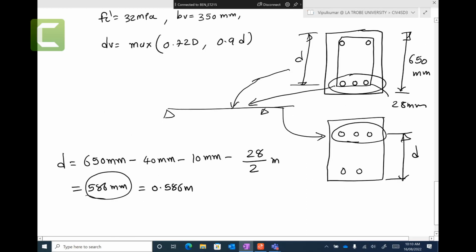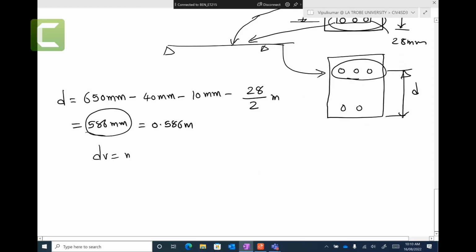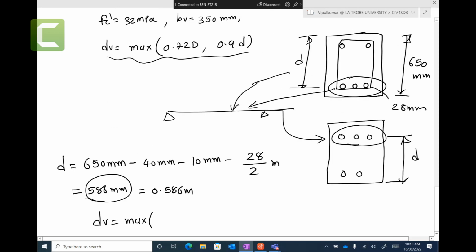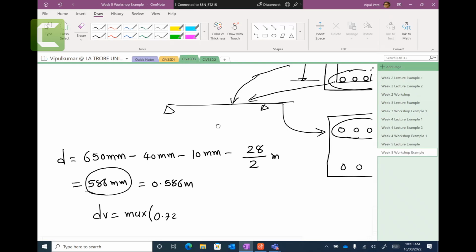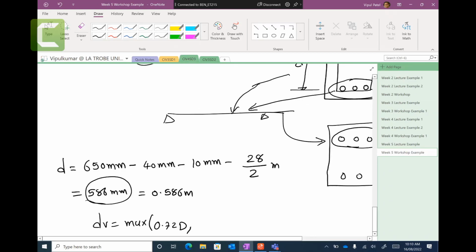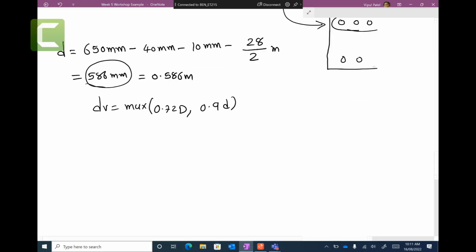So now we can calculate dV using these equations. Let me write it again. dV equals the maximum of 0.72D, comma, 0.9d.